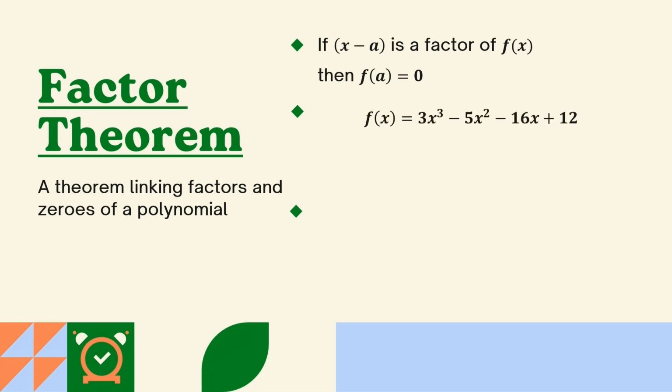f of x equals 3x cubed minus 5x squared minus 16x plus 12. And they want us to show that x plus 2 is a factor of f of x. That means that to find what to put into the f of x, it will be x plus 2 equals 0, and we have x equals minus 2.